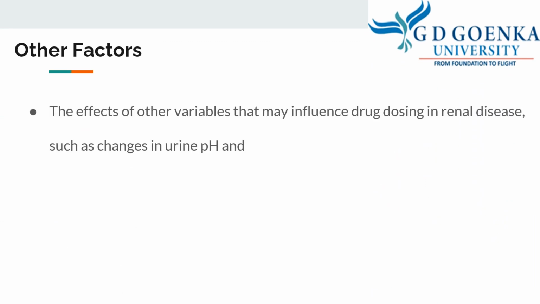The other factors that must also be considered and influence elimination in renal disease are changes in urine pH and the role of drug transporters for secretion.